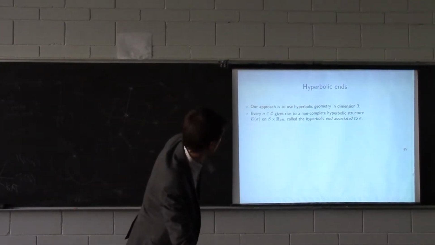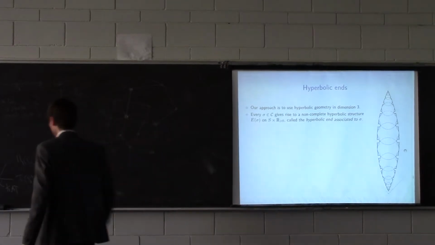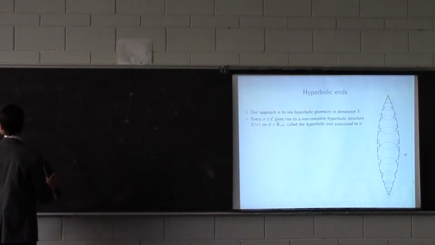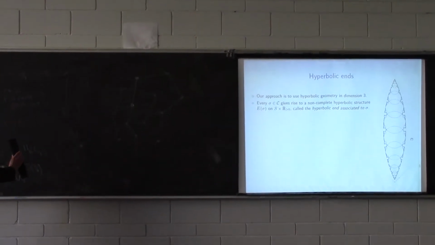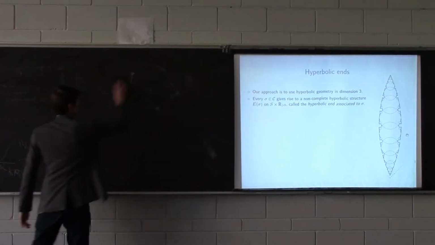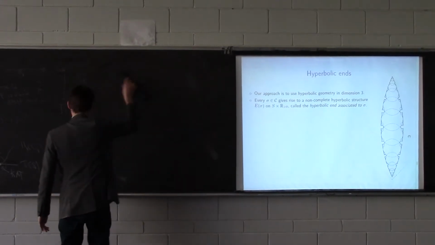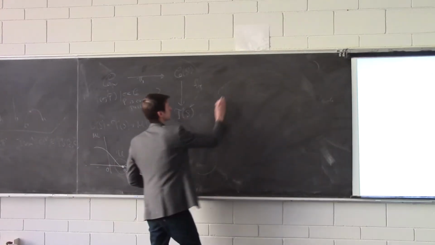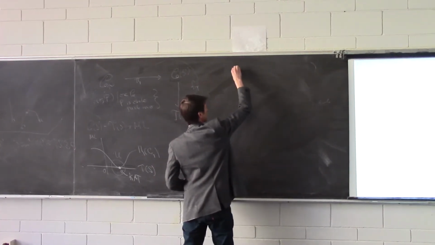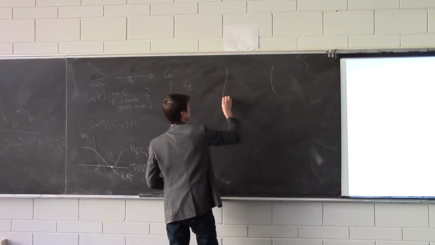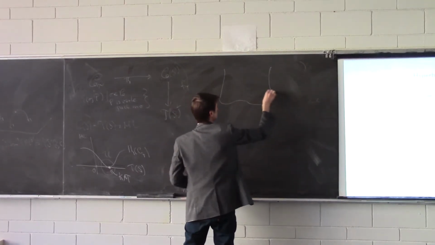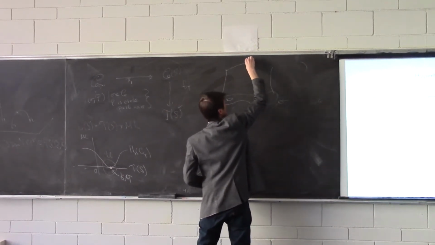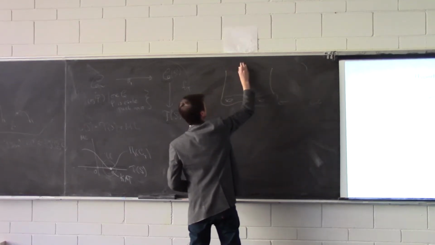So let me try to explain what that looks like. What's a hyperbolic end? The heuristic picture for a hyperbolic end will be something like this, at infinity, and then I'm bending it in the right direction.